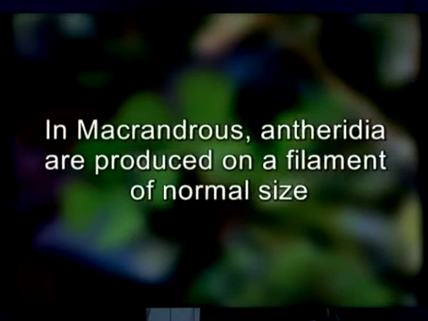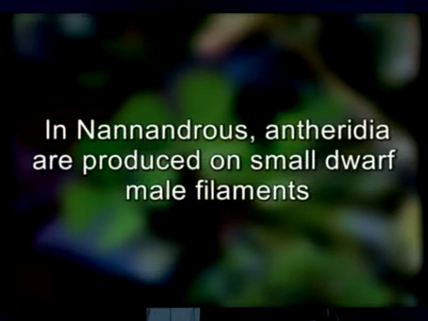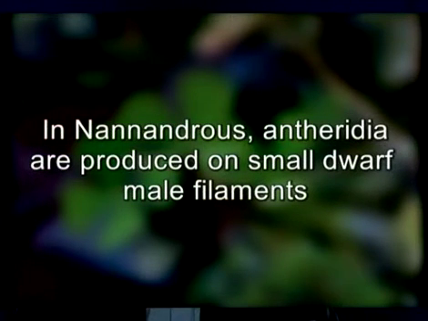In macrandrous species, usually the antheridia are produced on filaments of normal size, whereas in nanandrous species, the antheridia are produced on small dwarf male filaments. The macrandrous species may be monoecious or dioecious.